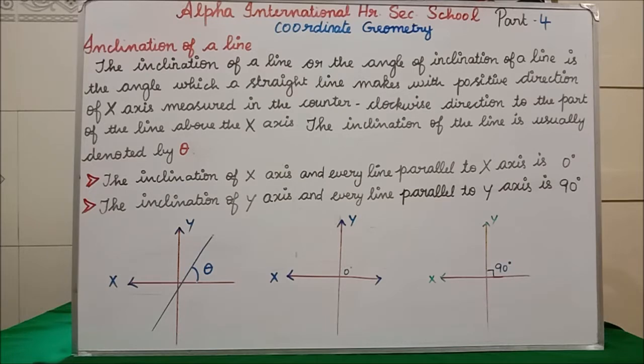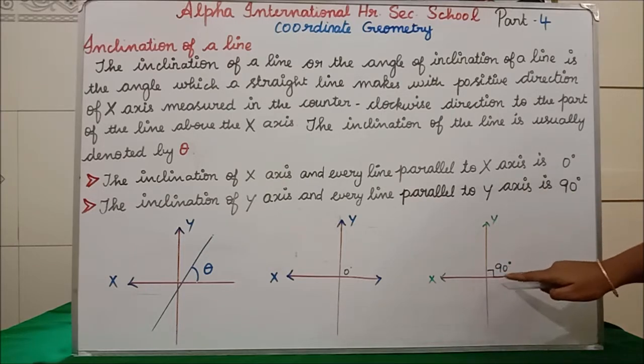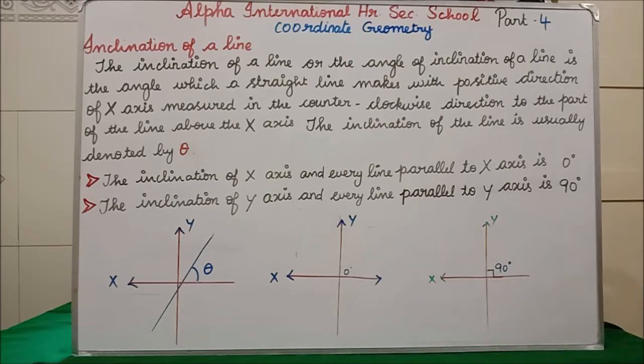Clear? The second point, you see, the inclination of y-axis and every line parallel to y-axis is 90 degree. Suppose that blue line is parallel to y-axis, then what angle will come here? Here 90 degree. Clear students about the inclination of a line: parallel to x-axis means it is 0 degree, parallel to y-axis means it is 90 degree.